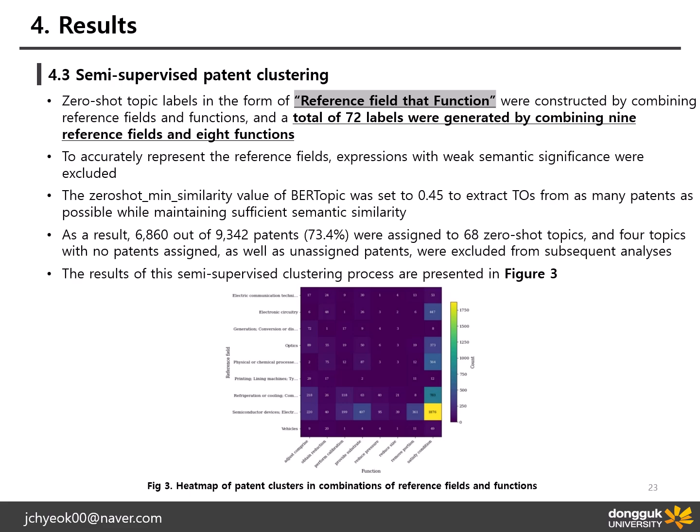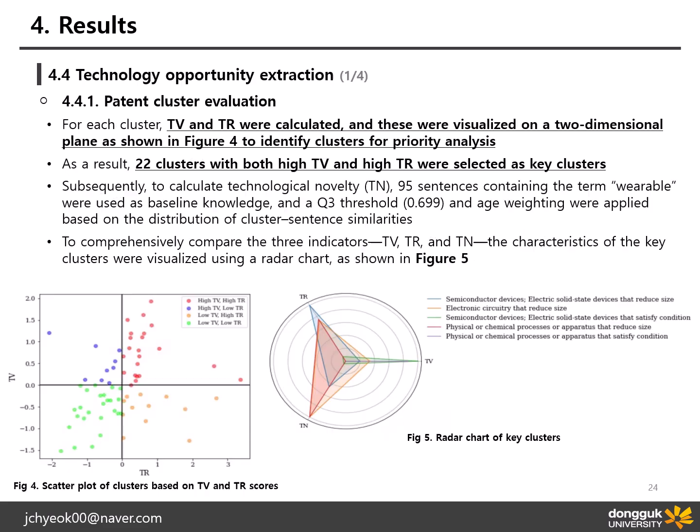The clustering results are illustrated in Figure 3. Each patent cluster's technological value and technological relevance were calculated and visualized in a two-dimensional space, as shown in Figure 4, to identify priority clusters for analysis.